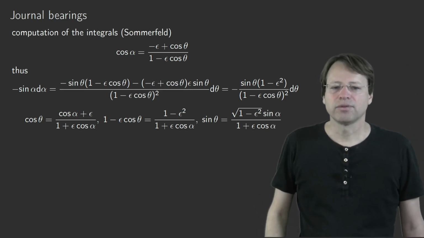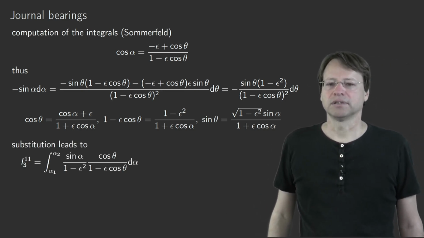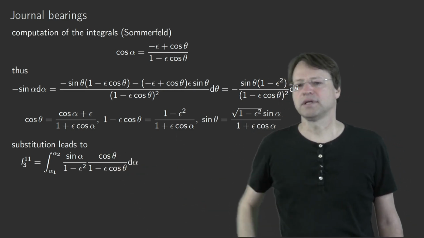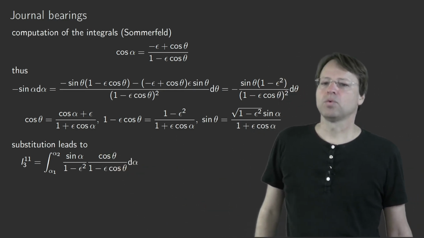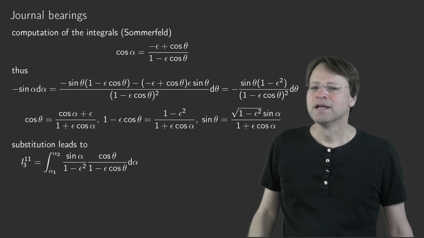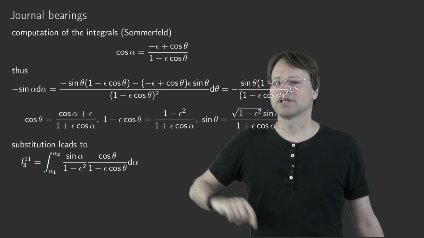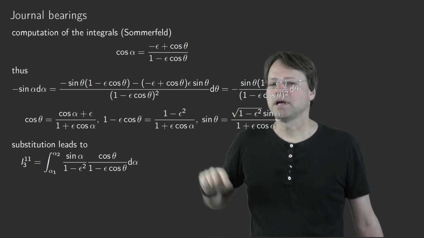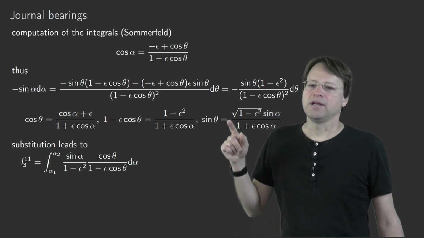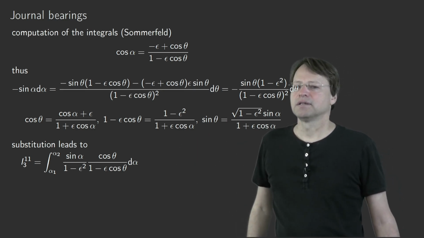We would like to see how that substitution works in practice, right? So let's take the first candidate, I311. At the beginning we had a sine theta, a cosine theta, and a 1 minus epsilon cosine theta cubed. You can see I carried out already the substitution.